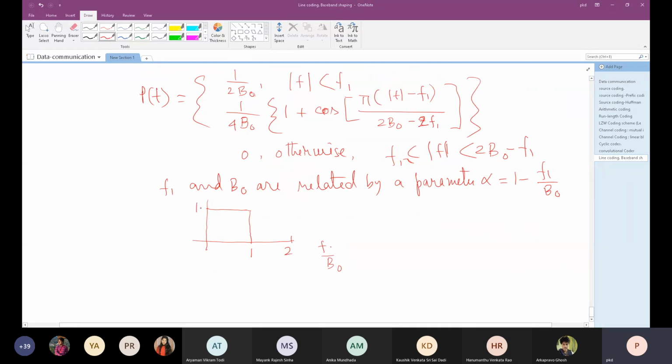So this is one, and then we have, for a certain value like alpha equal to half, it will come almost to 0 at 3/2. It will touch 0 at 3/2.